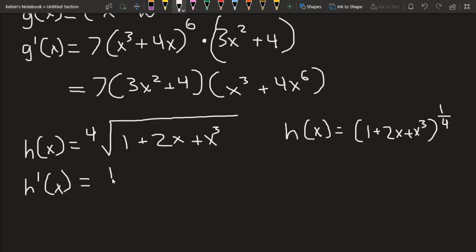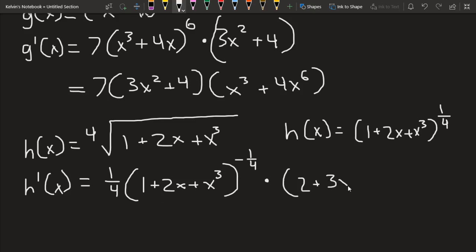So this would just be 1/4 times (1 plus 2x plus x cubed), and then it would be 1/4 minus 1, so that is just negative 1/4, and then times, and we take the derivative inside now, so that'd be 2 plus 3x squared.